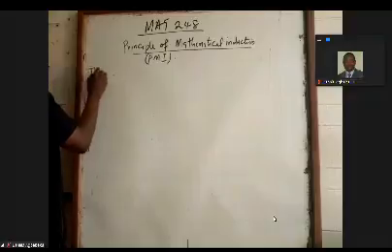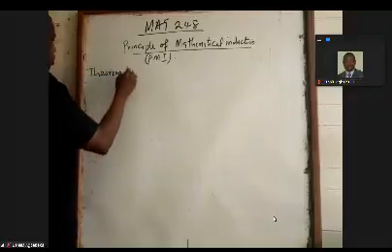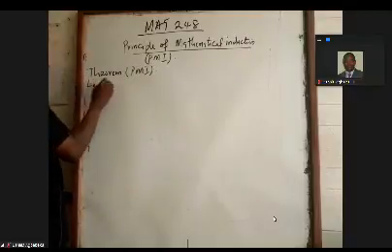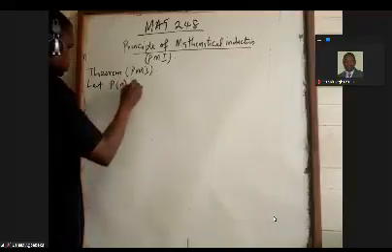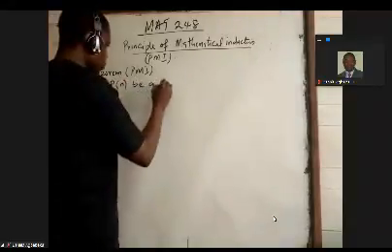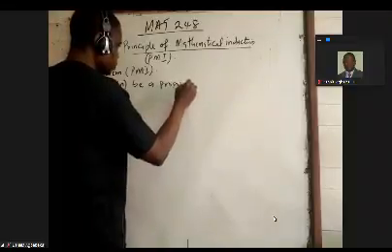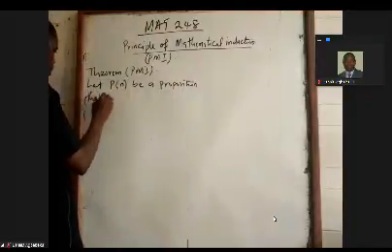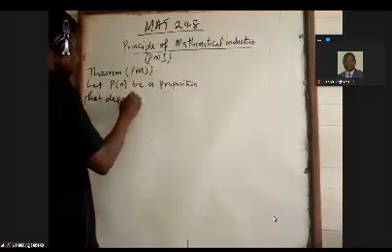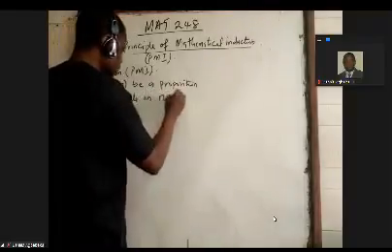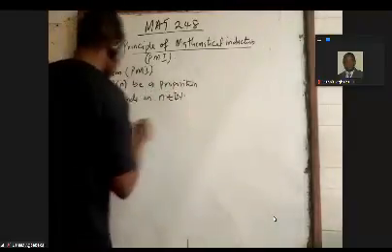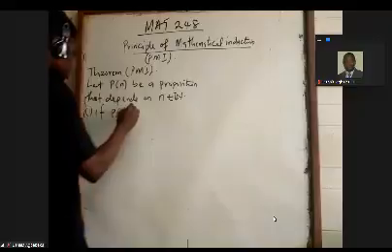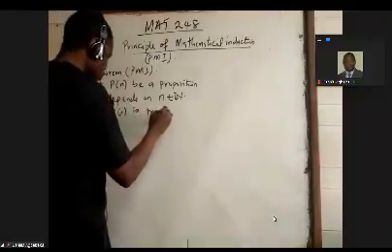Theorem, PMI. It says: let P of n be a proposition that depends on n natural numbers. 1. If P of 1 is true. 2.